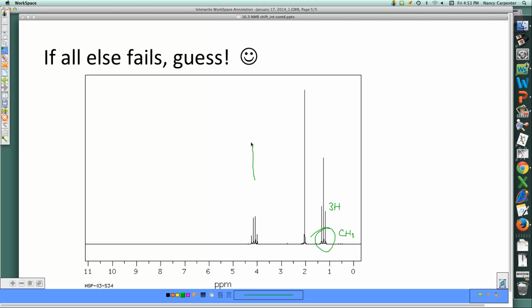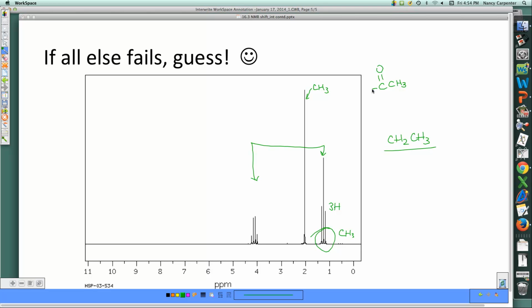The other thing you're about to learn is that this particular pattern with a 3-line triplet and a 4-line quartet is a dead giveaway for the ethyl group. So you will recognize certain features and be able to take a guess that this is probably a CH3, probably a CH3 next to a carbonyl.